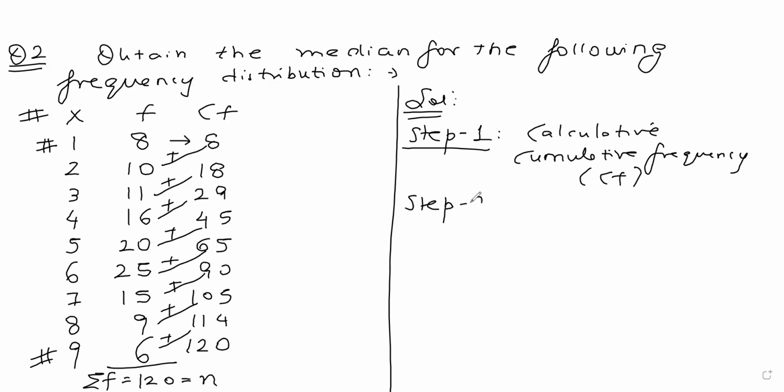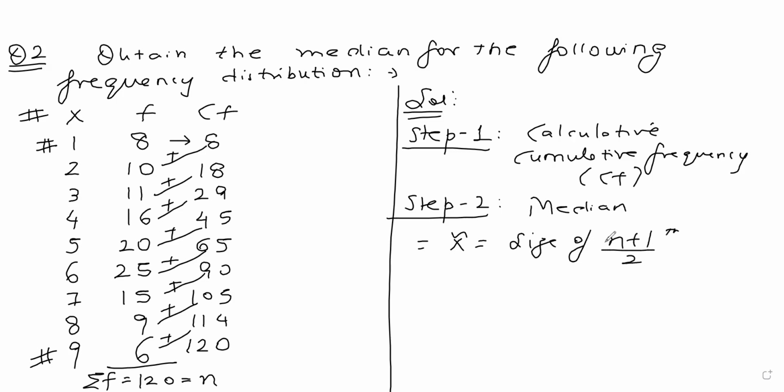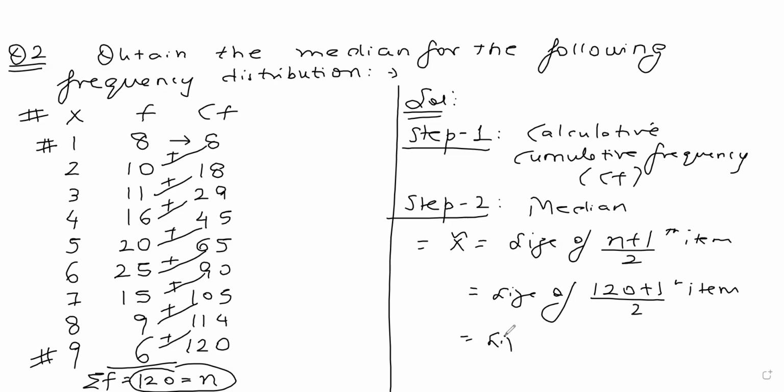So once we have calculated this, step 2, apply the formula. Median, which is x tilde, is equal to size of n plus 1 by 2th item. So this is going to be size of n is 120 plus 1 by 2th item, which is the size of 121 by 2th item.